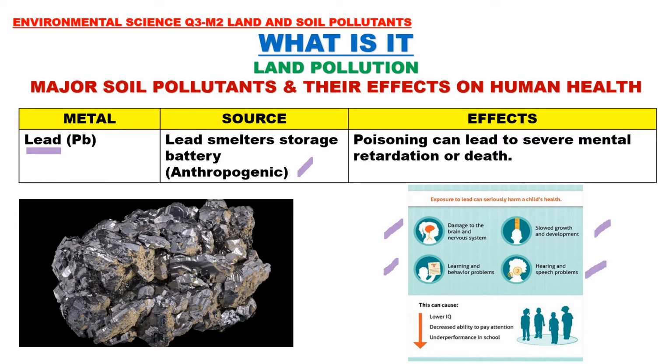And if a child is exposed to lead, this can cause lower IQ, decreased ability to pay attention, and underperformance in school. So this may be the reason why some students are low performing in school. It's because of exposure to lead.